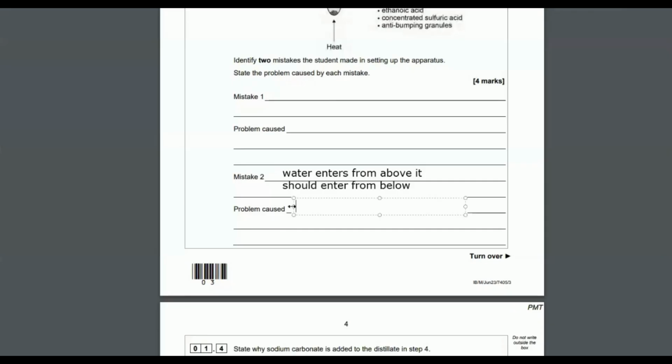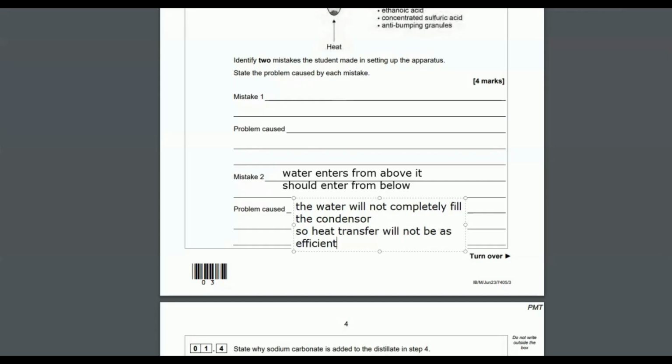And the problem caused here is the water will not completely fill the condenser. So it won't fill the condenser completely, so heat transfer will not be as efficient. Groovy. That's quite common on these questions on practical apparatus.